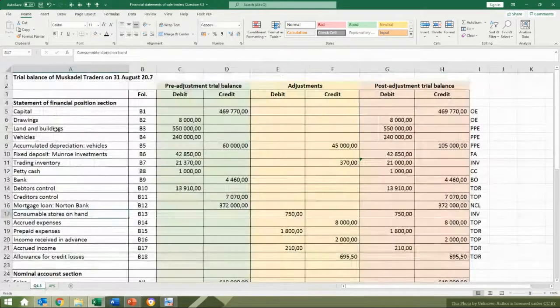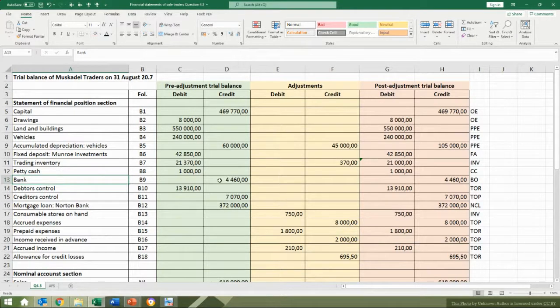Now, if we go back to the trial balance, we've got the land and buildings, the vehicles, accumulated depreciation, we've done the fixed deposit, we've done trading inventory. Now we've got petty cash and bank, which is seen as cash and cash equivalents. So any cash or similar type of cash instrument would be added together.